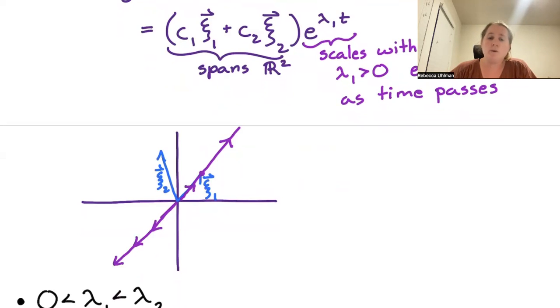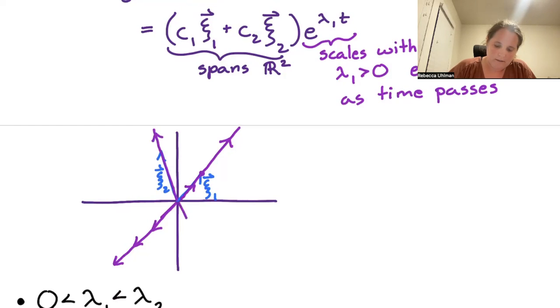Similarly, if C1 were equal to 0, we would instead follow the Xi2 direction. As time goes to negative infinity, we would go into the origin, our scalar will go to 0. As time goes to infinity, we go out.